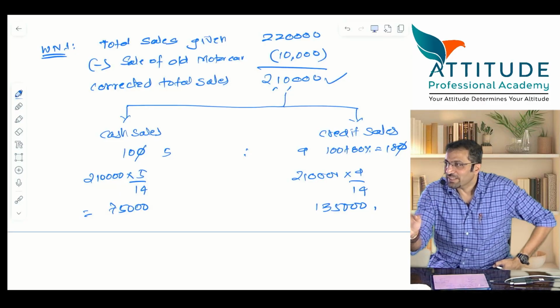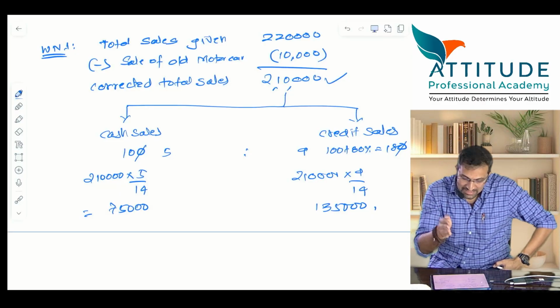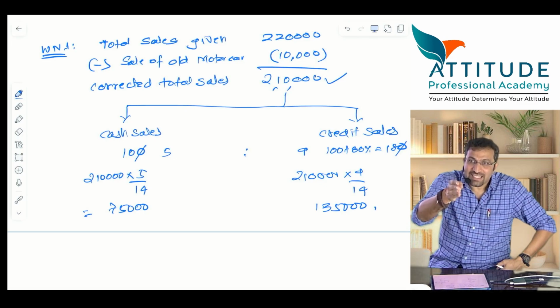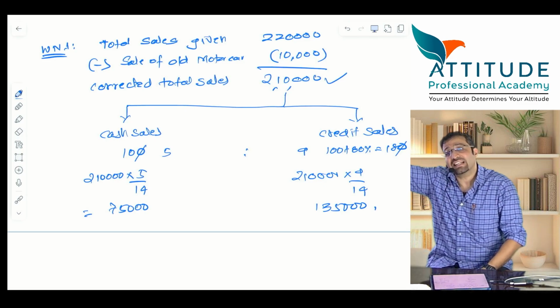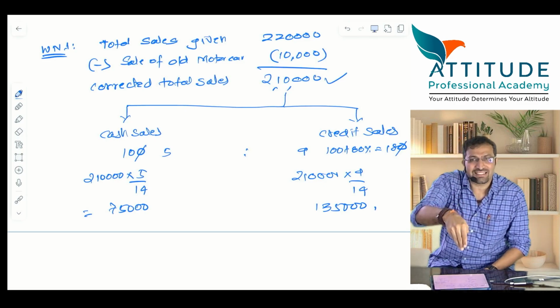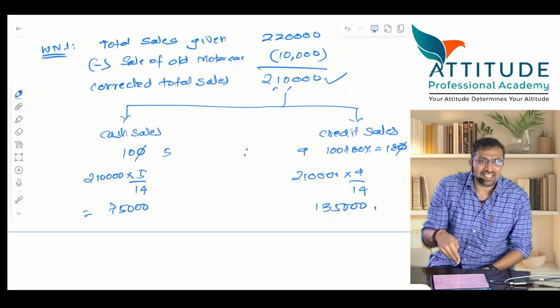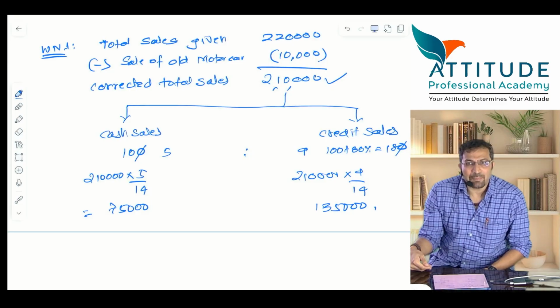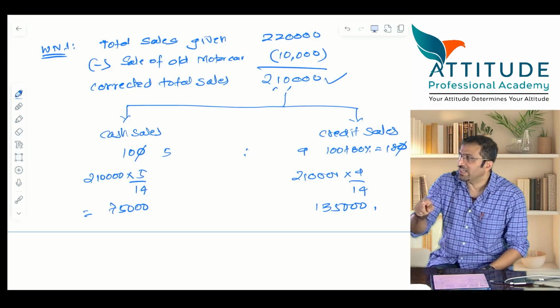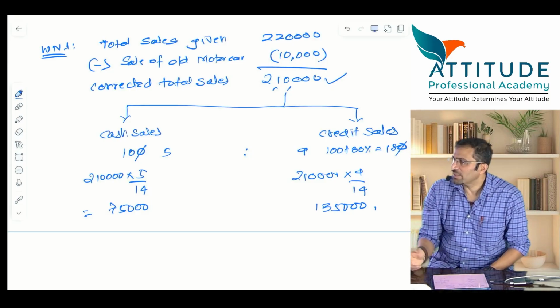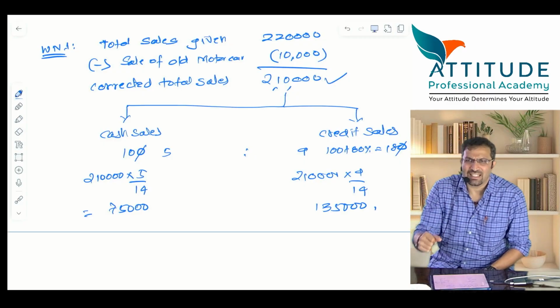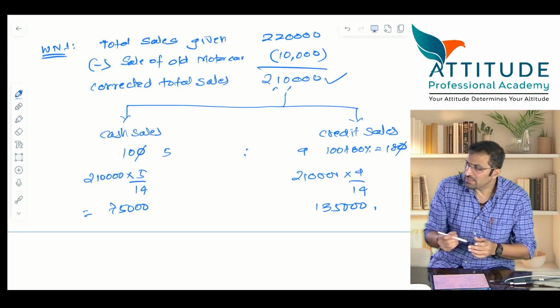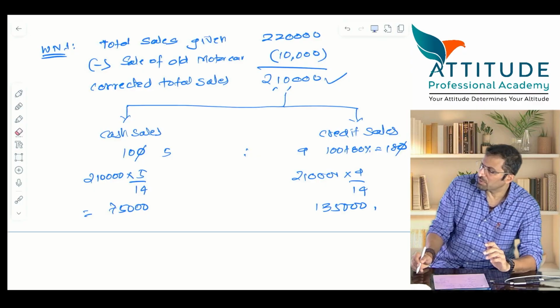Read the question carefully. It has been made clear. Credit sales is 80% higher than the cash sales. So we have to assume the cash sales as 100. If I assume the cash sales as 100, credit sales should be how much? 80% higher means 180. You did not take 100 and 180, you took 80 and 100. So how will it be? Read the question carefully. Understood? Please take down this working note fast.